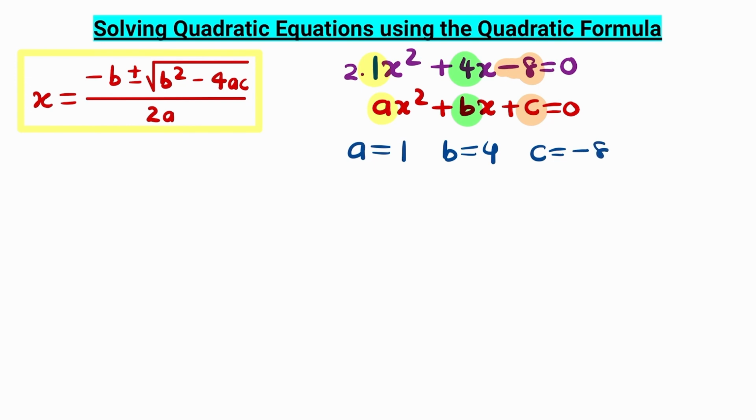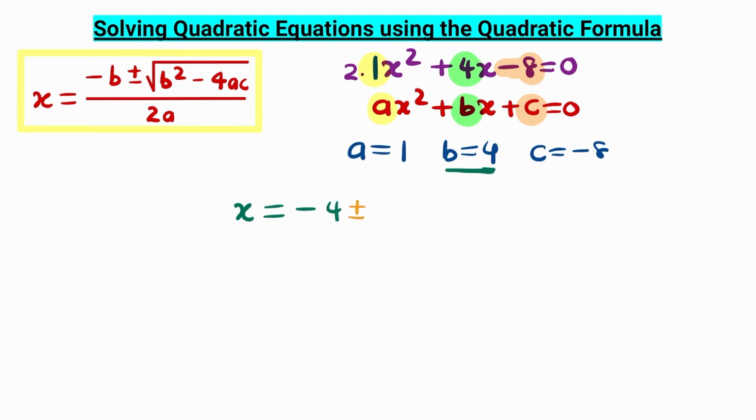Now we can apply the a, b and c values to the quadratic formula. X equal to negative b plus or minus square root of b squared minus 4ac over 2a. Negative b means the b value multiplied by minus 1. So what is the b value here? The b value is 4. 4 multiplied by minus 1 is minus 4.